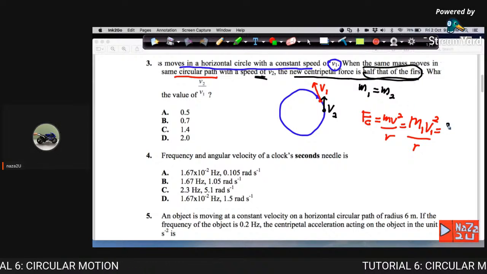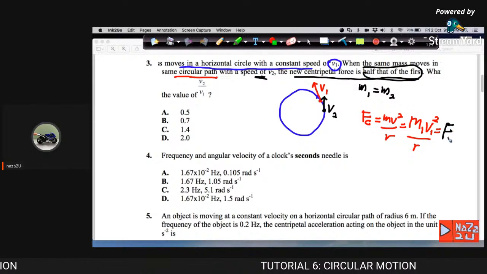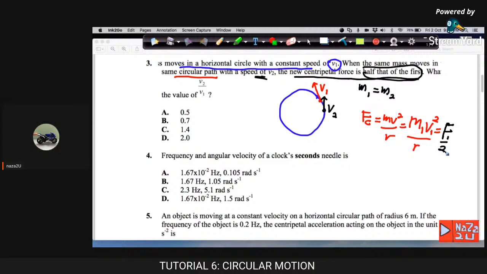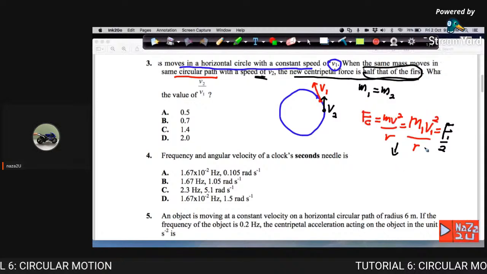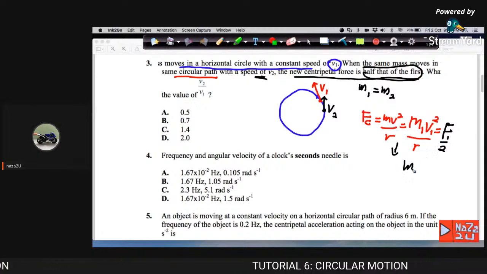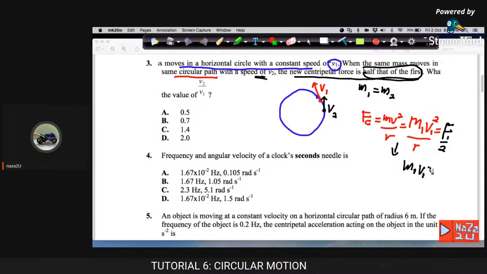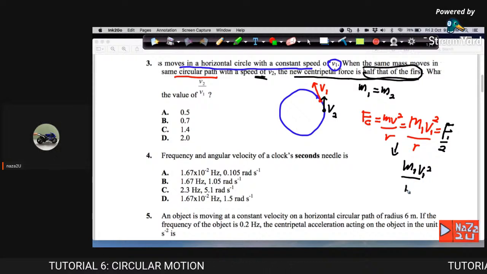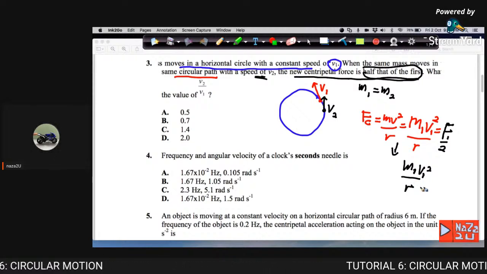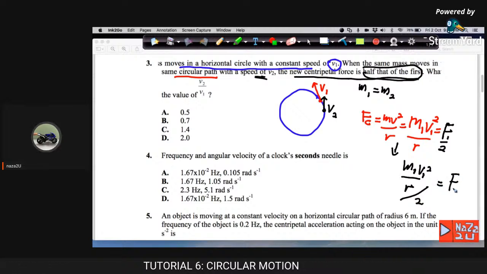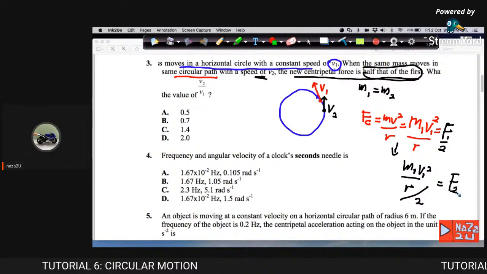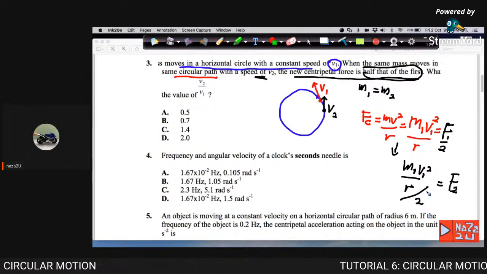So for F1 we have m1 v1 square divided by r, and divided by 2 is equal to F2, the centripetal force for the second object.